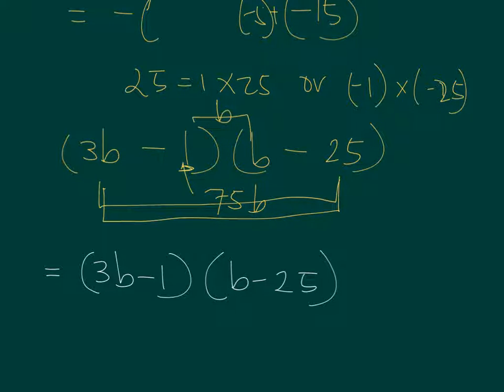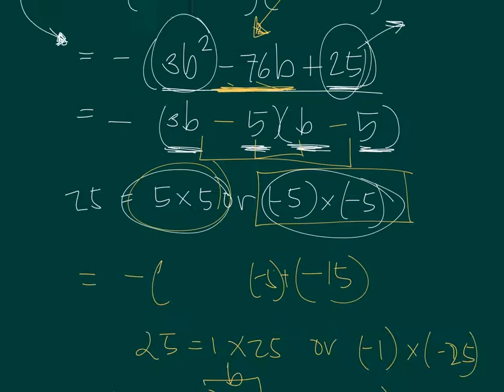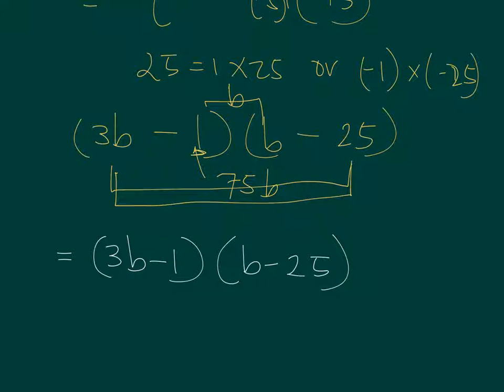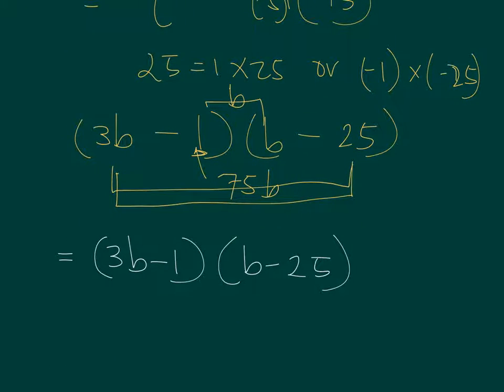So that's the factored form of the trinomial inside the parenthesis. But since we started with, if you look at the given, a negative sign outside, you still have to carry that negative sign until the end of your solution. So that's negative, 3b minus 1, times b minus 25.